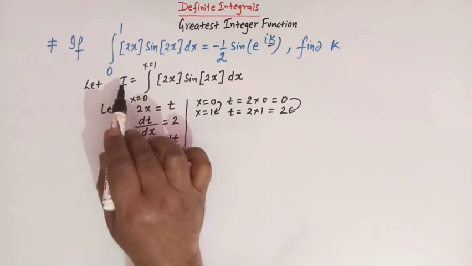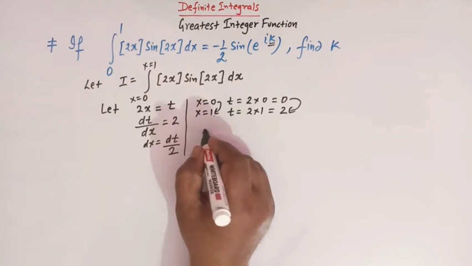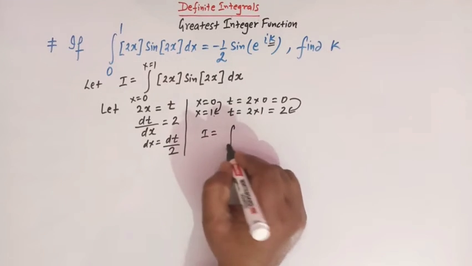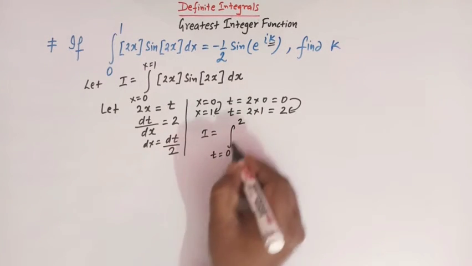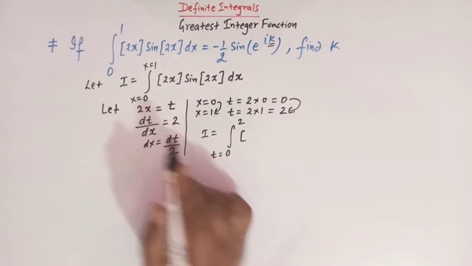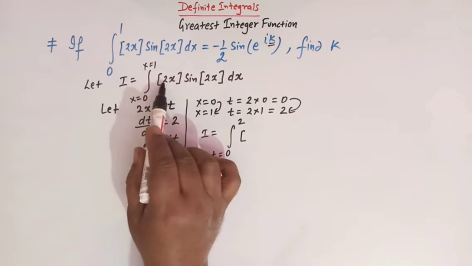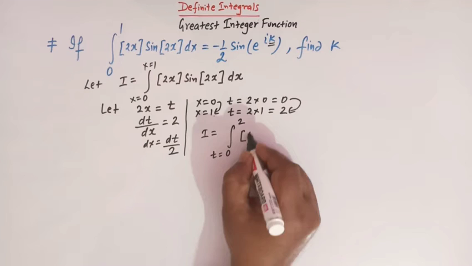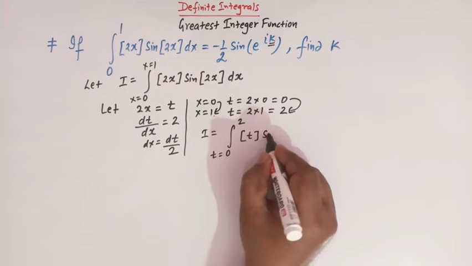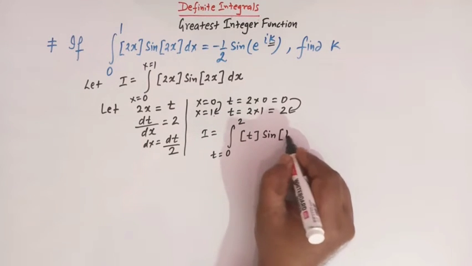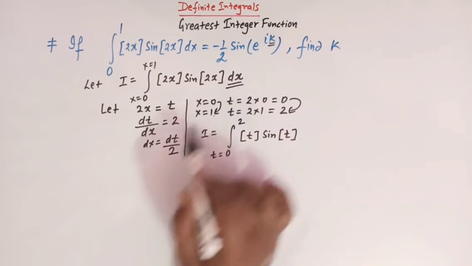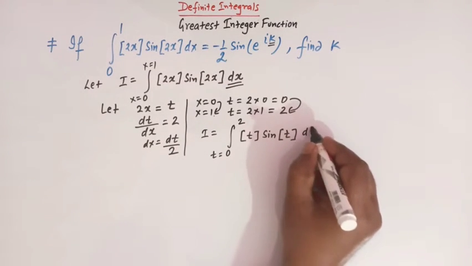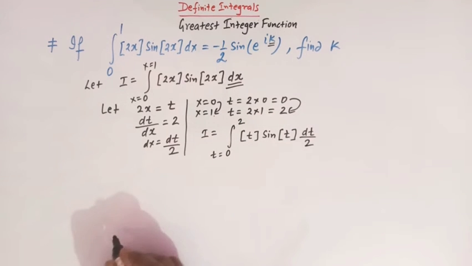Therefore this integral I takes the form 0 to 2, where for greatest integer 2x we can write greatest integer t, and here we have sine of greatest integer t, and for dx we can write dt over 2.